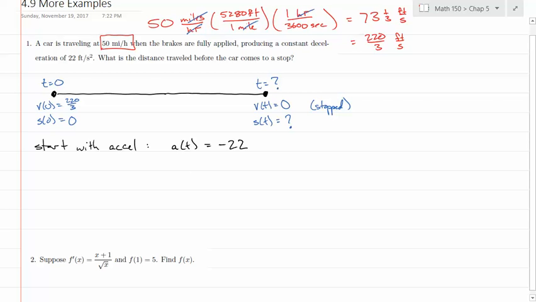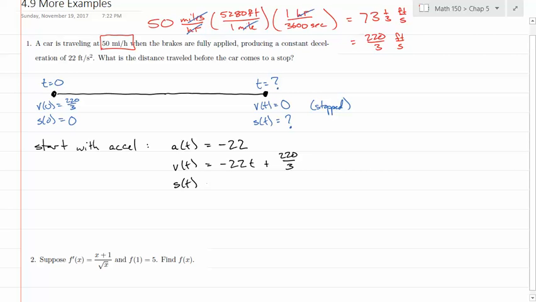That's how I know that. v of t is an antiderivative for -22, so that would be -22t plus a constant, but really the constant is going to be the initial velocity, which in this case is 220/3. Okay, so there's the velocity function.